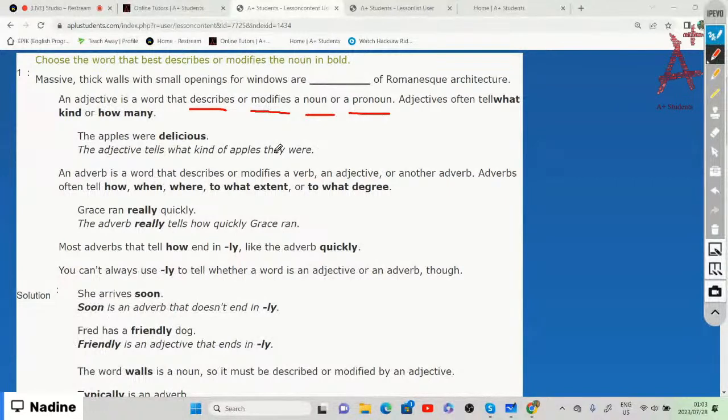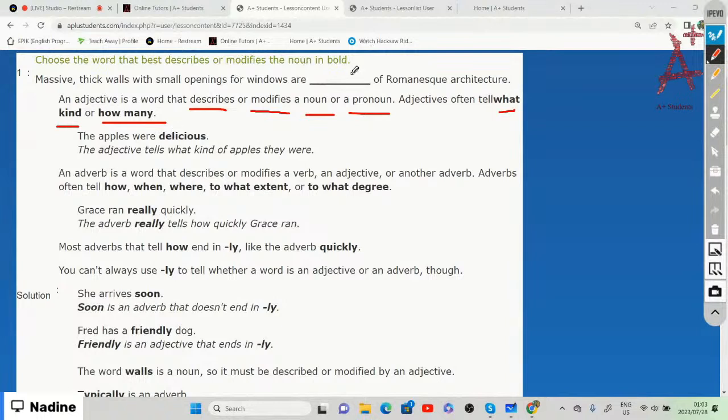Adjectives often tell us what kind, or they can tell us how many. So adjectives are words that describe or modify a noun or a pronoun. And adjectives will either tell us what kind or tell us how many.